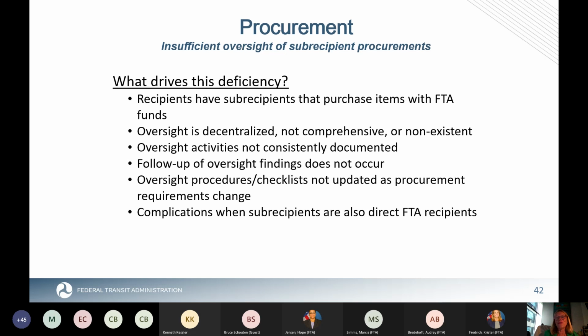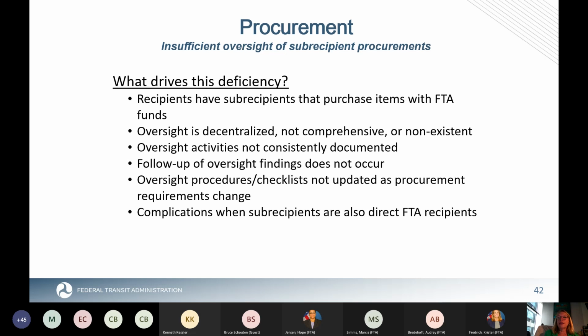There is a reason for oversight. And so FTA won't be surprised if your subrecipients don't get a 100% passing score, but they are going to want to see that you've done what you can to make sure that deficiencies are corrected and they don't happen again.